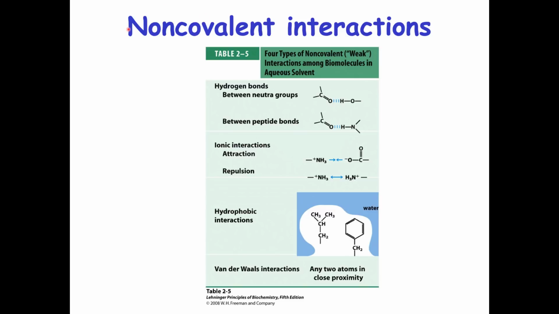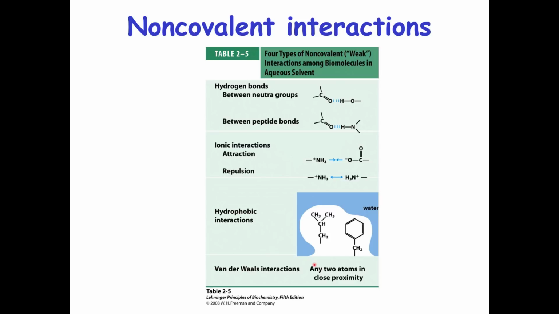So there are a number of non-covalent interactions that stabilize protein structures. We see hydrogen bonds, and we've talked a lot about them. We have ionic interactions, which are the attraction of different charges or the repulsion of the same charges. Also, we have hydrophobic interactions, which is basically the tendency of hydrophobic residues to distance themselves from polar solutions.